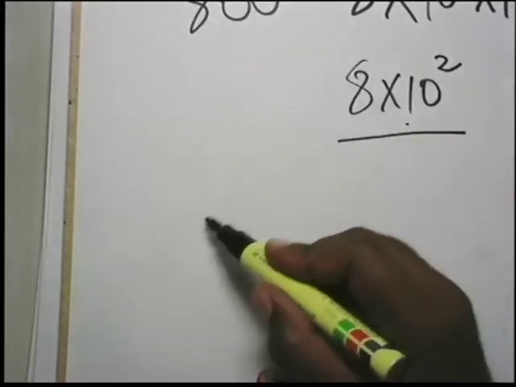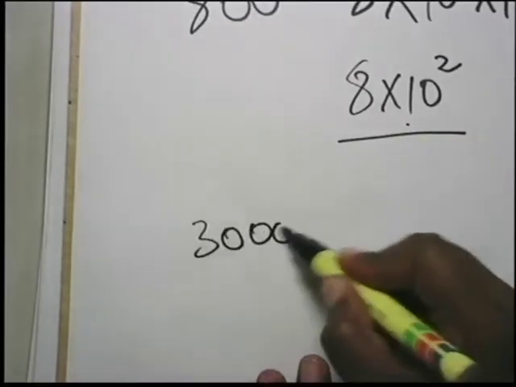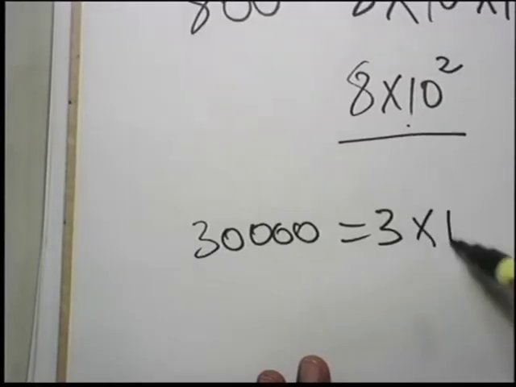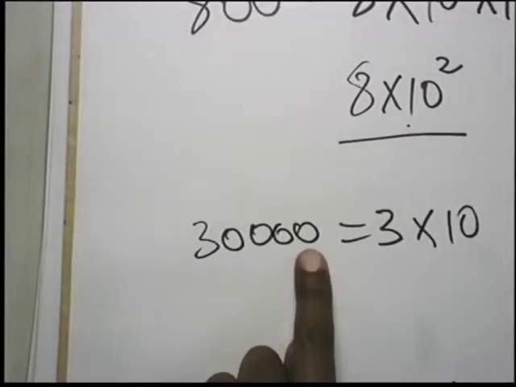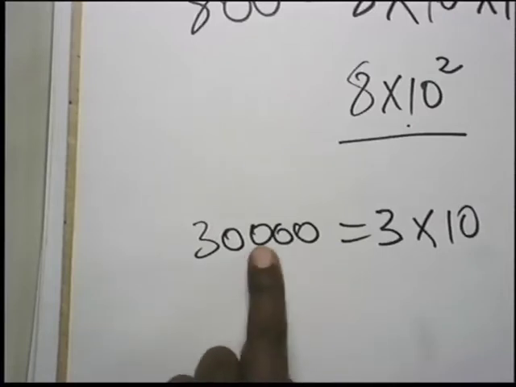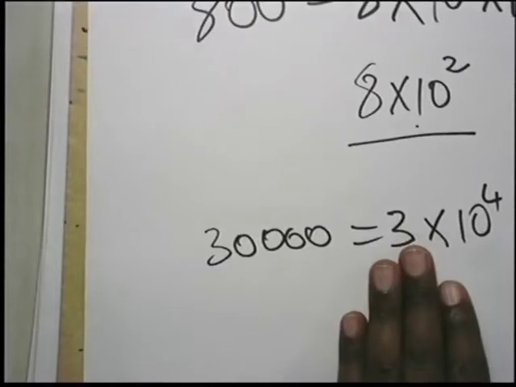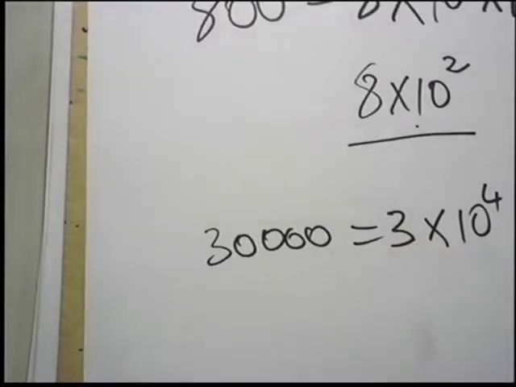So if it's 1,000, for example, let's say it is 30,000. Then you're going to say 3 times 10 to the power, then you have to know how many tens are here. There is 1, 2, 3, 4. Then it's to the power 4. So those are the things that you should know. Sometimes also the values can be negative, as you are going to see later.